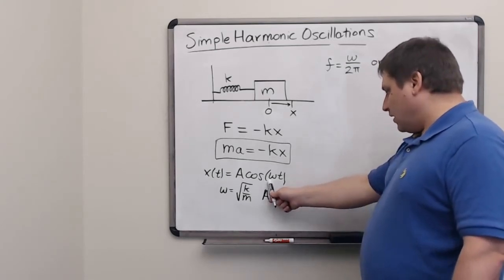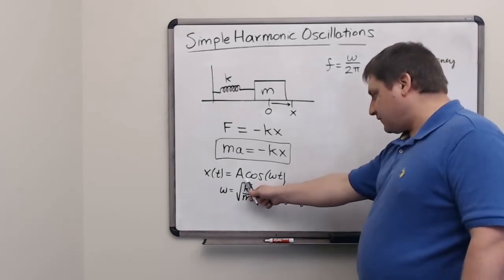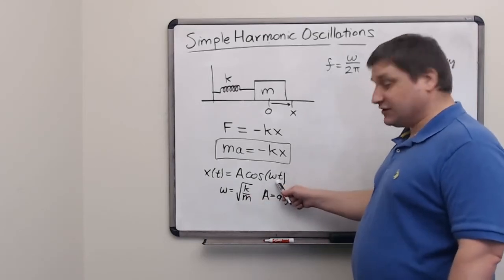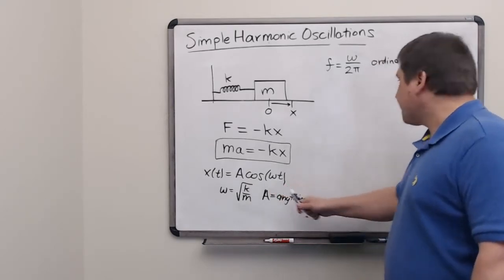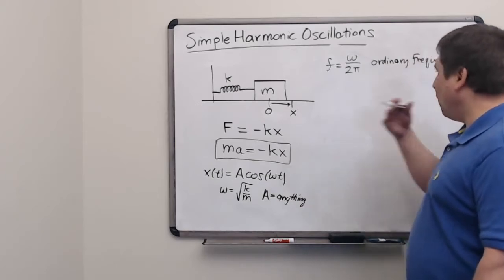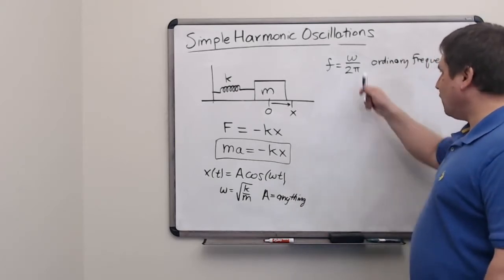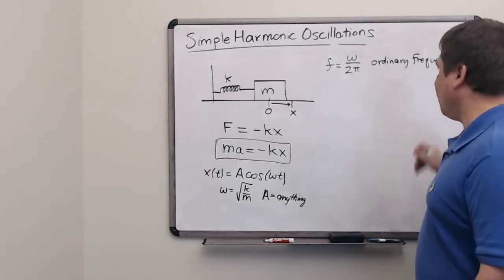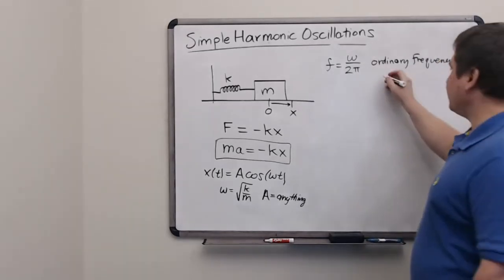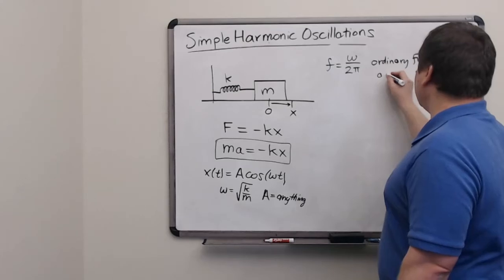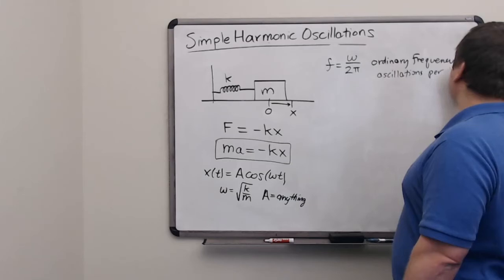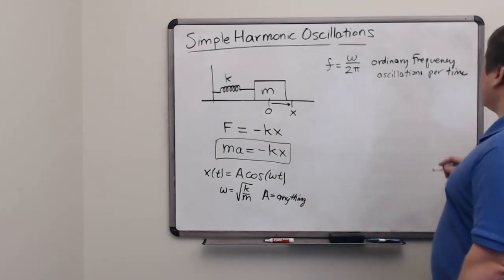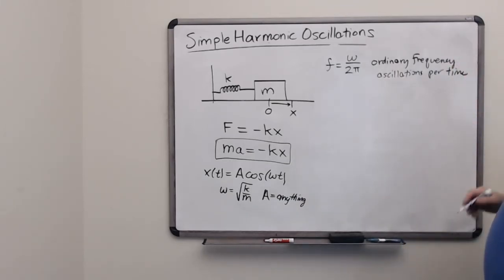So for the cosine to repeat itself, the argument has to go from 0 to 2 pi, right? So for omega t to go from 0 to 2 pi, that means that we've gone through one entire cycle. So omega over 2 pi will be the frequency for one cycle. So this ordinary frequency really represents so-called oscillations per unit time. So if we have a frequency of 2, there's 2 oscillations per second.